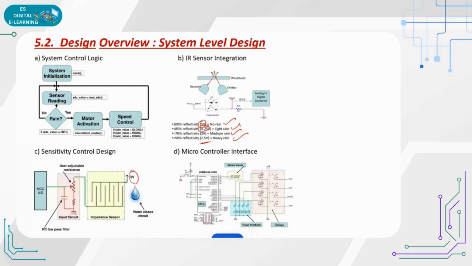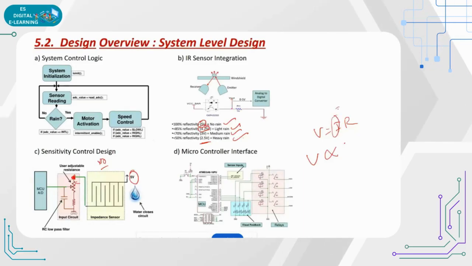If a normal 5 volts is supplied here, it means there is no rain happening. If it is adjusted here, you know the formula V equals IR, right? Whenever the voltage increases, if I is constant, the R also increases. So whenever the voltage decreases, the resistance also decreases.